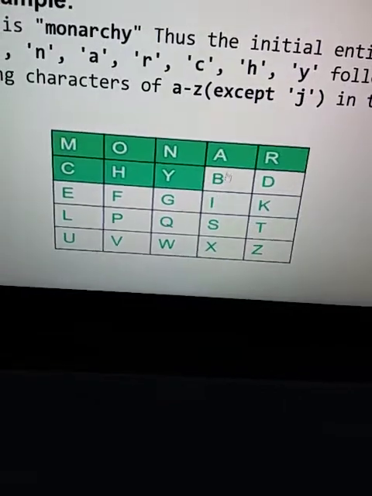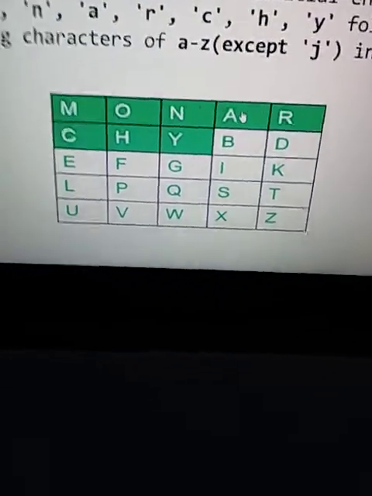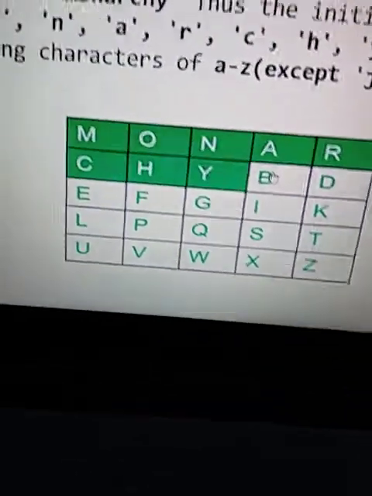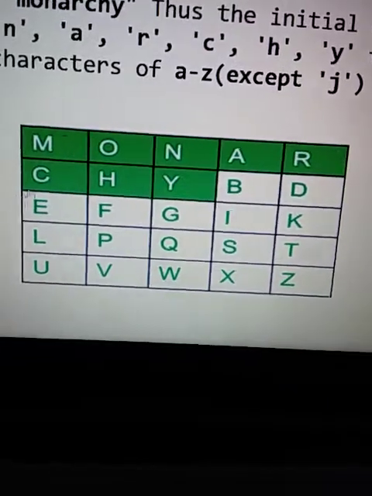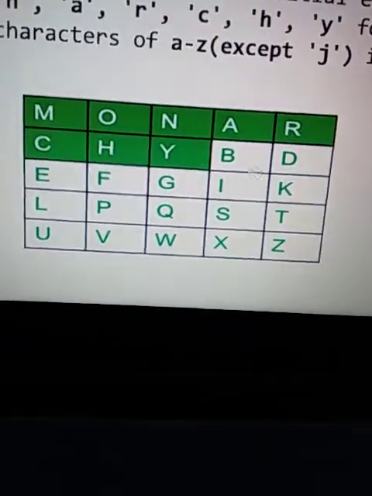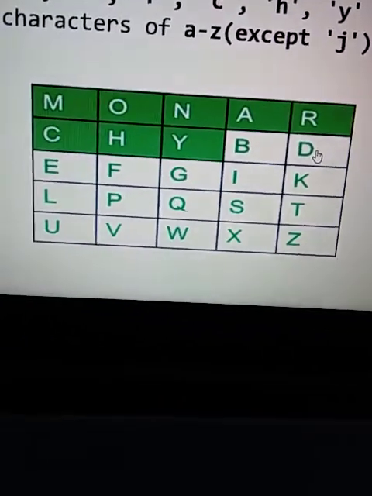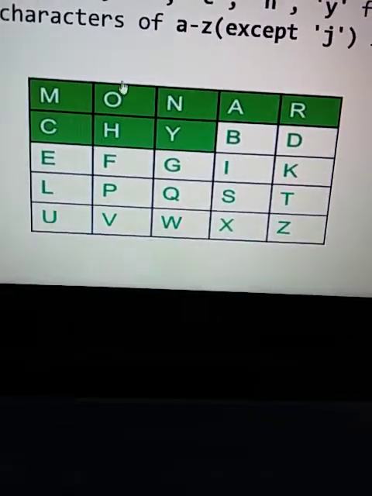We have to start with A, which already exists here, so we fill it with B. Then C already exists, so the next letter is D. E, F, G, H. H is already there.